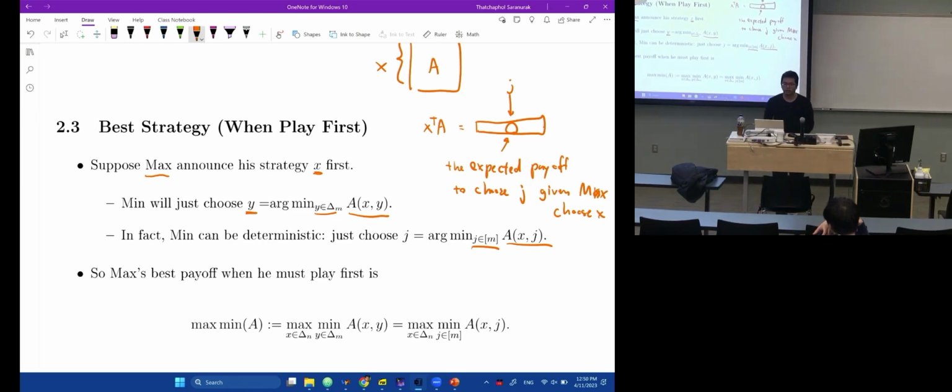We also know that if X is fixed, then the Min player will be deterministic. So he just wants to choose X that maximizes this whole thing. So this is just the best payoff that Max can get if he is forced to announce his strategy first.